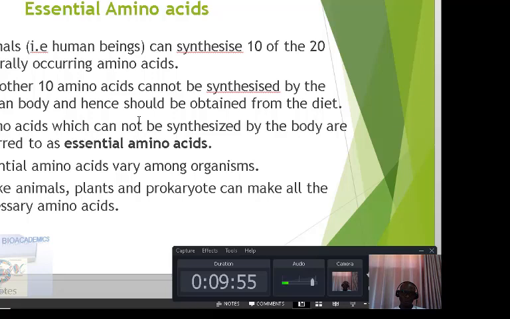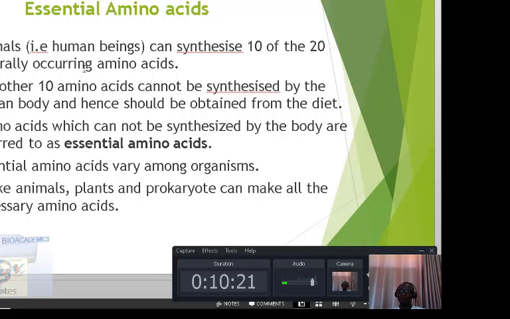Basically, one of those bacteria found in your intestines is responsible for producing tryptophan. And we shall talk about that process of tryptophan regulation in the T-operon mechanism.